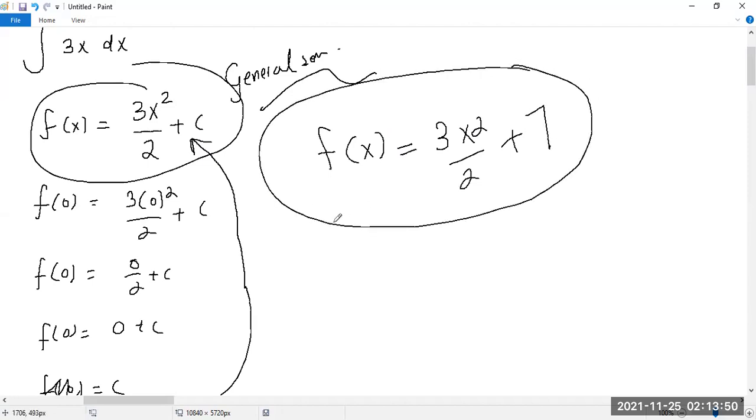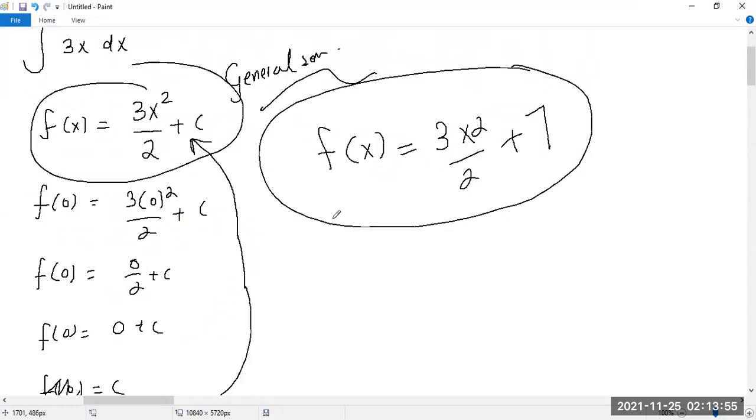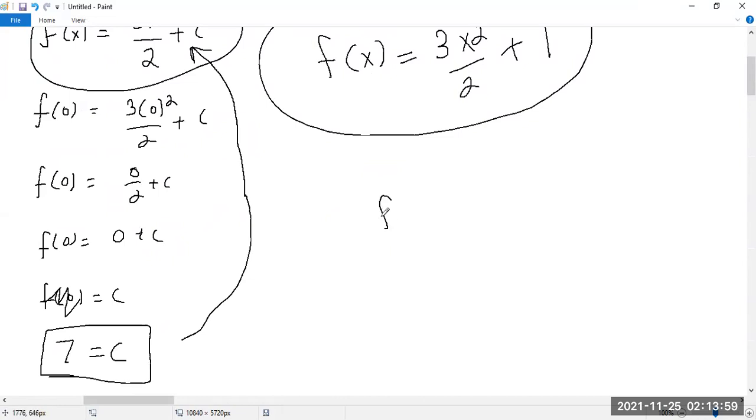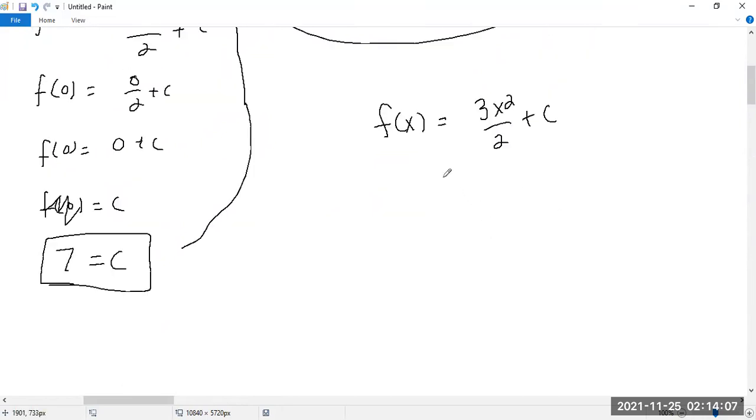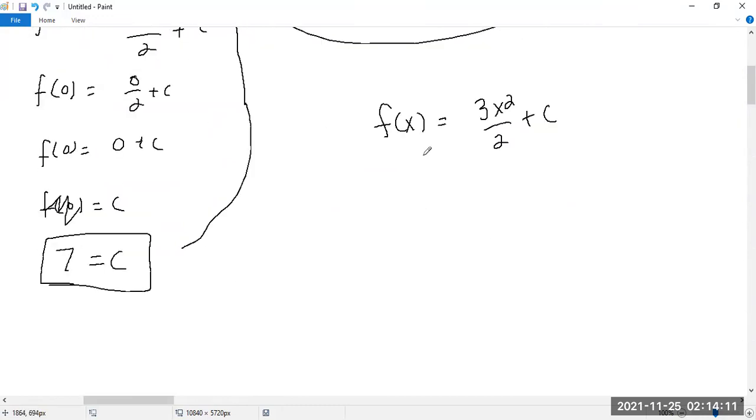This is the more specific function. So what did we do? We had f of x equals 3x squared over 2 plus c. And what we did in essence was we know that if we plug 0 into the function, we get 7.